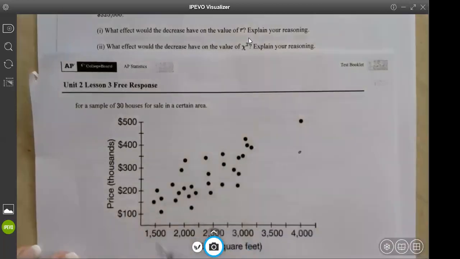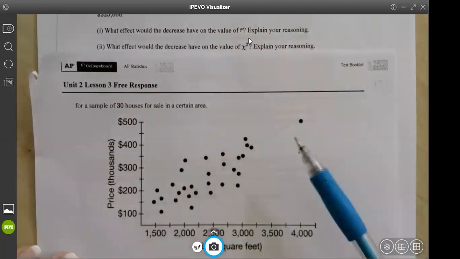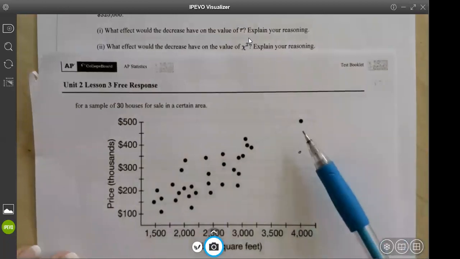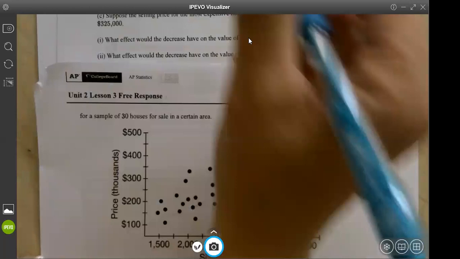Remember, we're talking about the line of best fit. So the line of best fit is going to be pulled towards outliers. So what would happen to that line if we took that outlier out? It would flatten out, right? So what happened to the slope? Less. So that's all it's looking for. It would decrease.